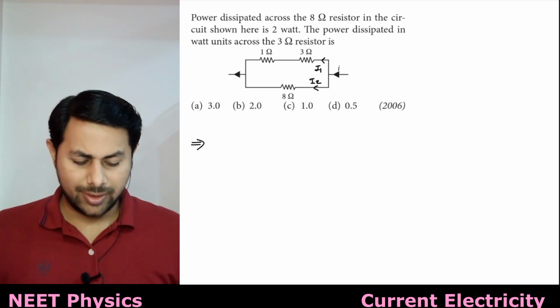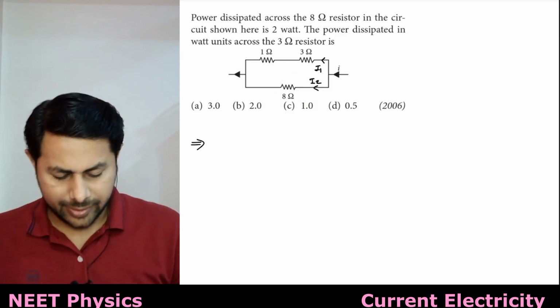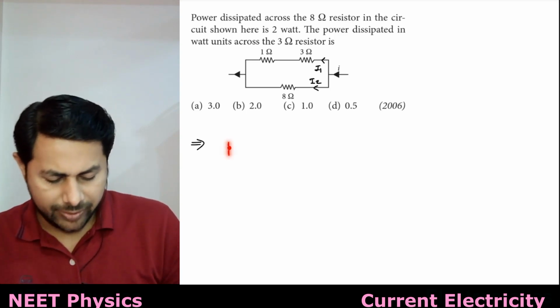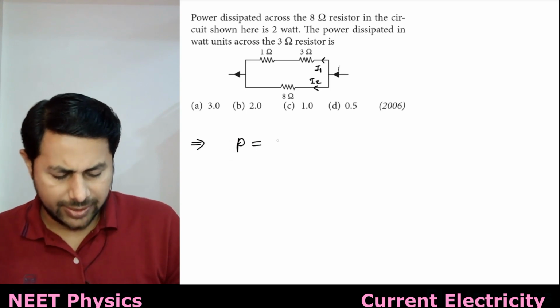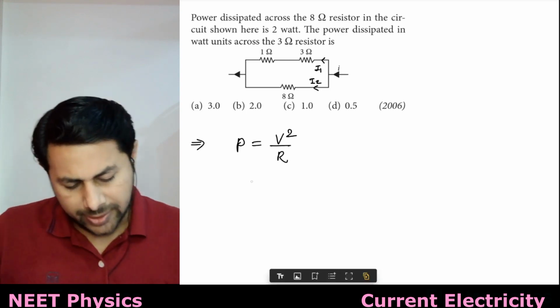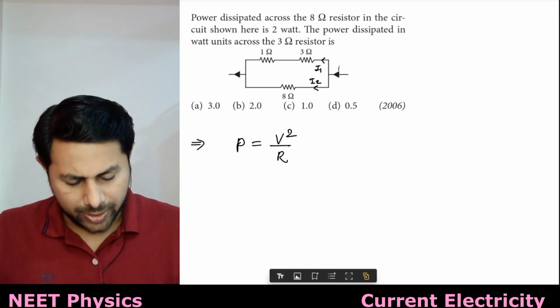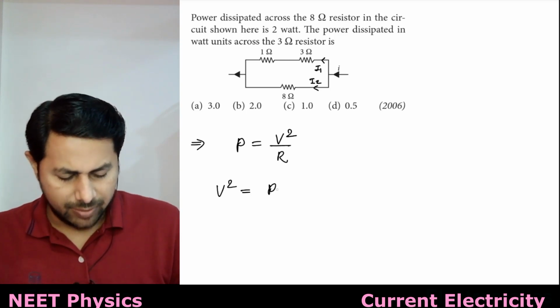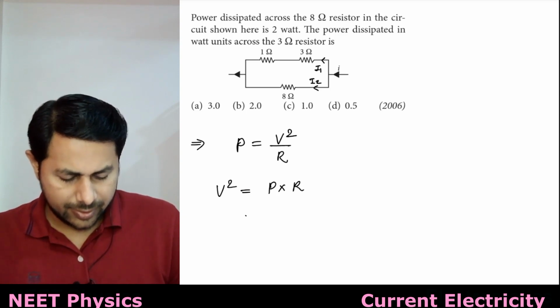Power in the 8 ohm resistor is given as 2 watt, so we can use the formula V square divided by R. So V square is power multiplied by resistance.